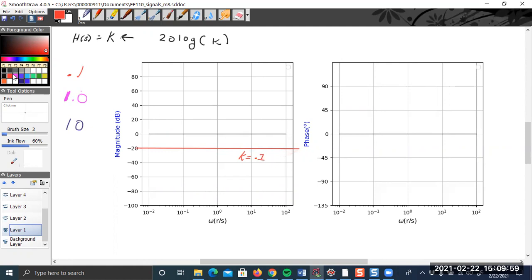Now, if k were equal to 1, log of 1, all base 10, is 0. 20 times 0 is 0. So again, a straight line. If it's 10, log of 10 is 1, times 20, 20 dB.